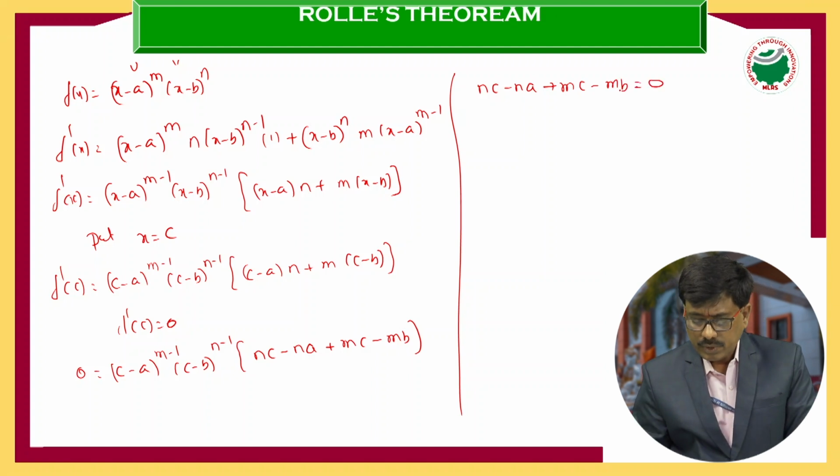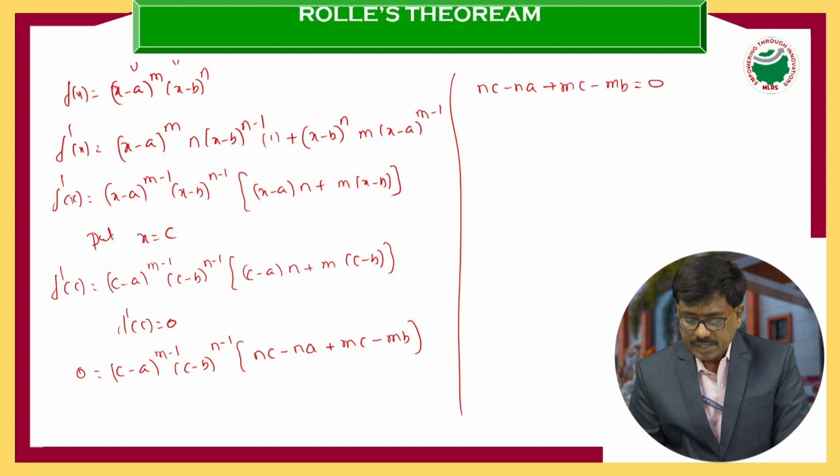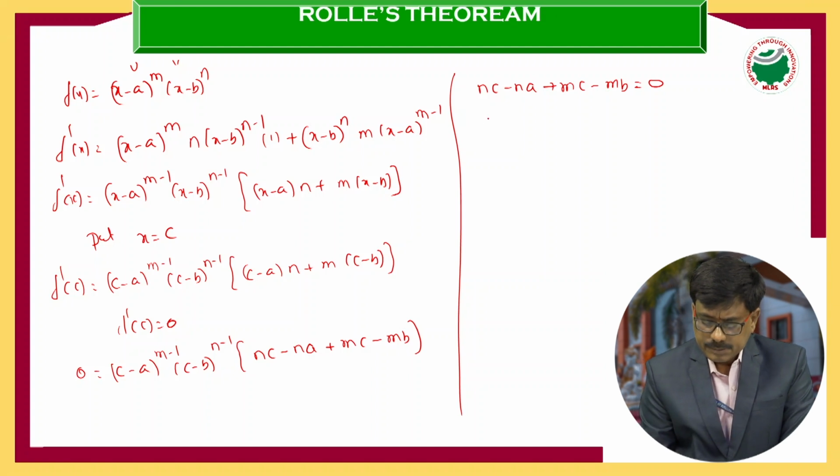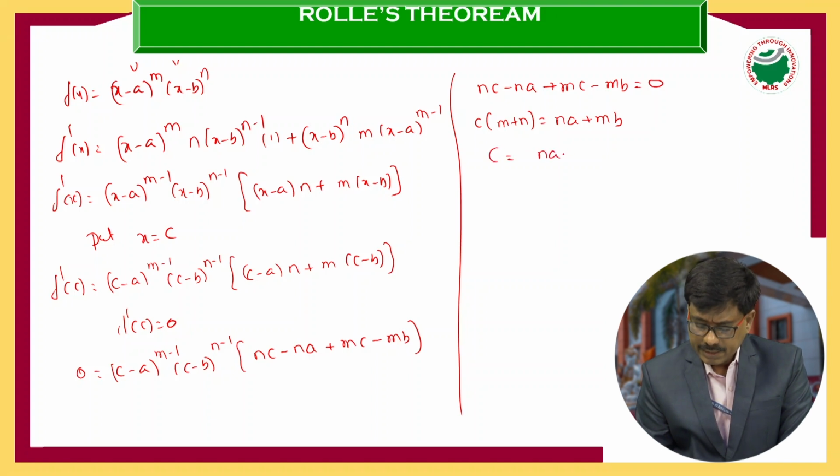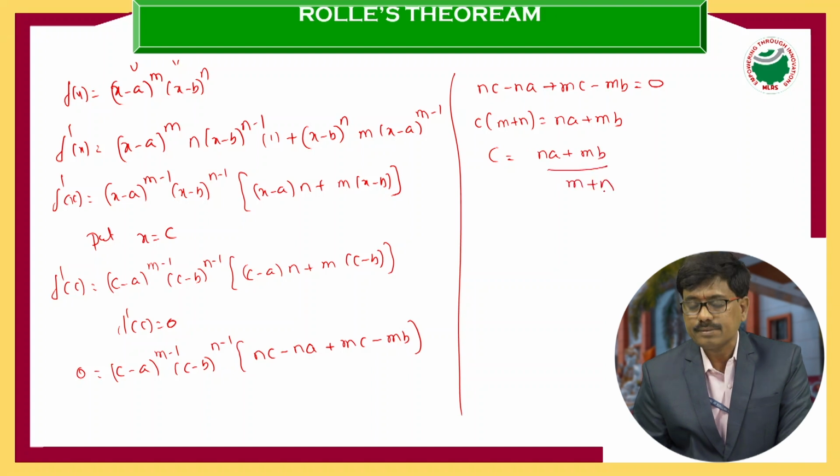0. Now we are going to separate all the variables. Now c is common, m plus n, which is equal to, if it goes to the right side, this becomes na plus mb. C is equal to (m into b plus n into a) divided by m plus n.